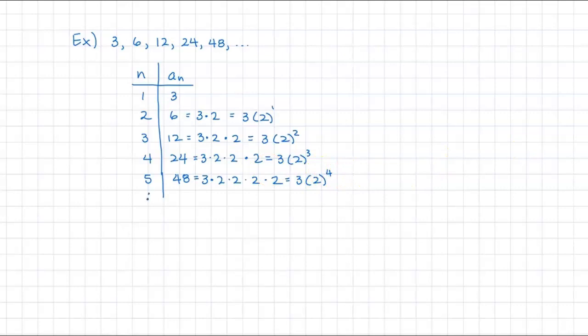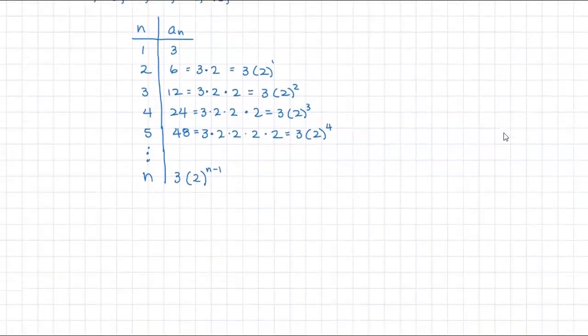So if we go ahead and generalize for the nth term, we're going to take 3 and multiply by 2 n minus 1 times, where 3 was the first term and 2 is the common ratio. And that's what's going to give us our formula for the nth term.